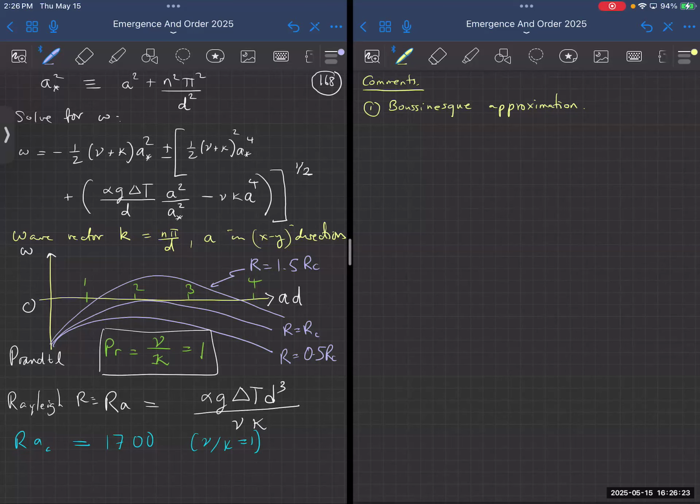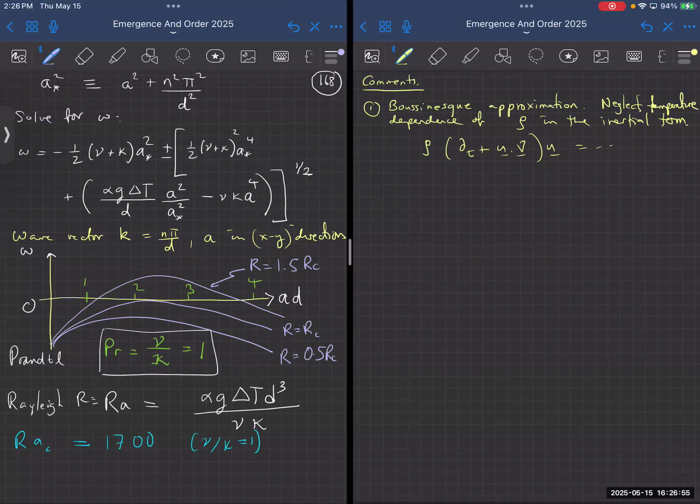So what we've done in this case is we've neglected the temperature dependence of the rho in the inertial term. So we have a term that looks like rho times d by dt plus u dot grad u equals blah blah blah.